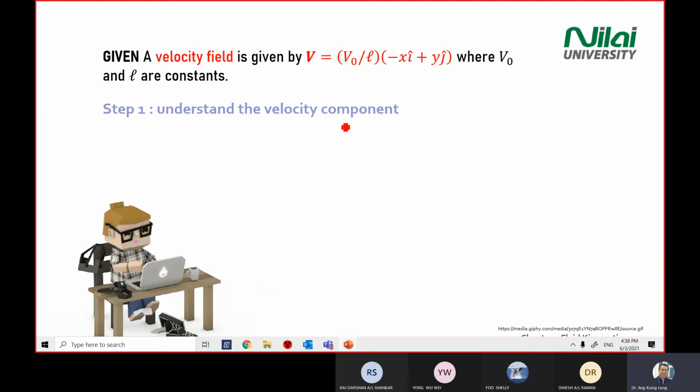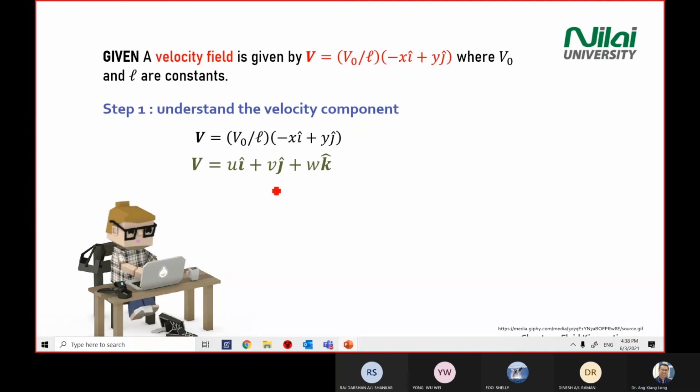Then you copy the equation from the question and write the general equation, V equals Ui plus Vj plus Wk, and you get 1 mark. By just writing out the general equation, you'll get 1 mark in your answer.